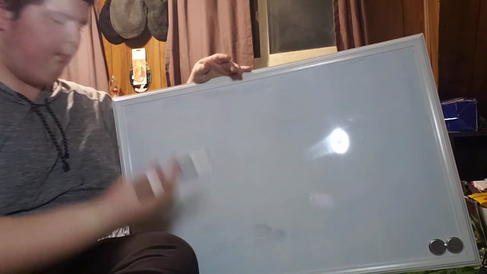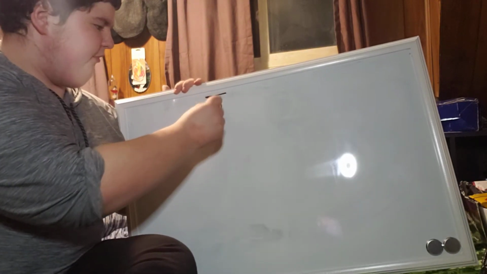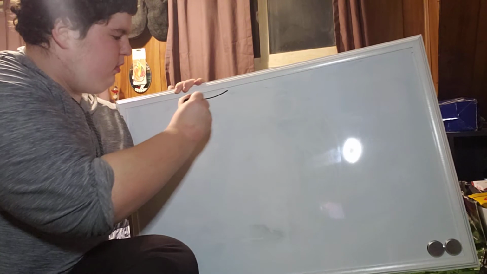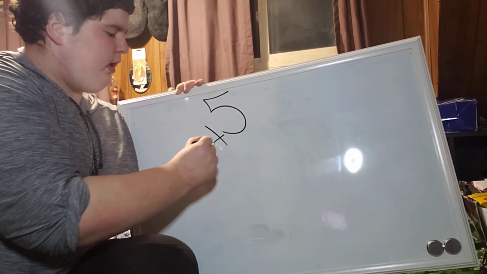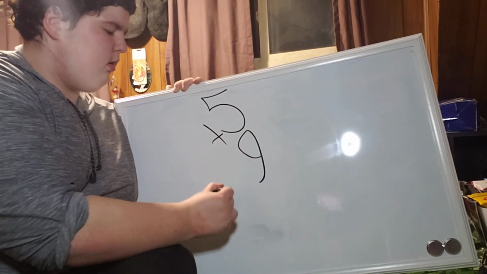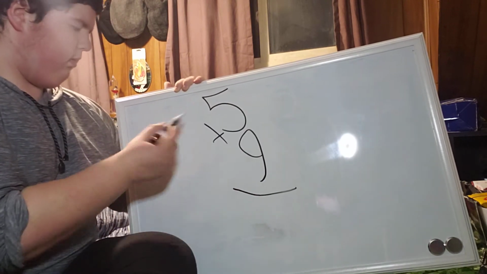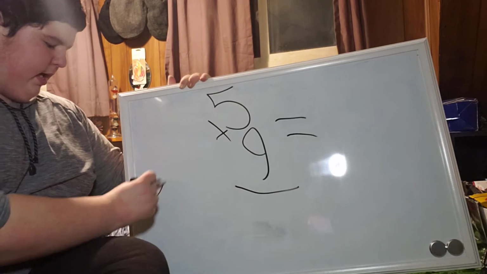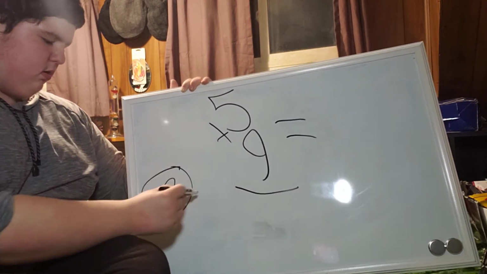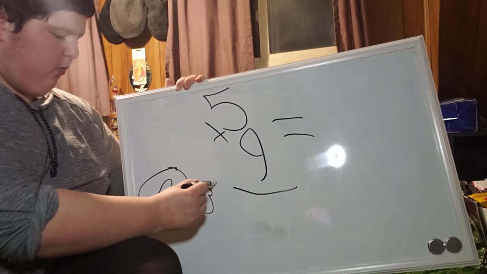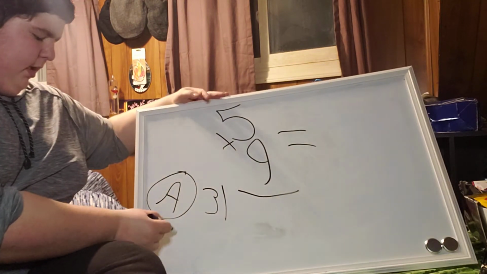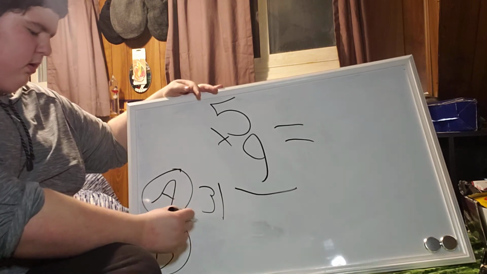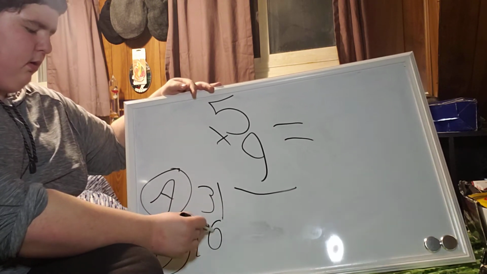It might be like a multiple choice answer. 5 times 9 equals, and it might say A. 31. B. 16.